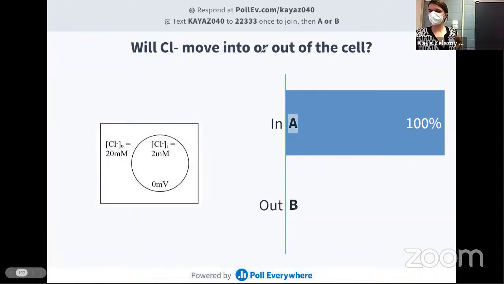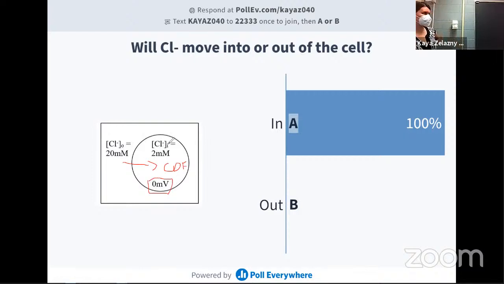So we have our CDF pointing in. Right now, we have no EDF, right, because we're at 0 millivolts. So this is neither attracting nor repelling that chloride ion. So we're going to go in because we only have a CDF. So overall, we're going to go in.